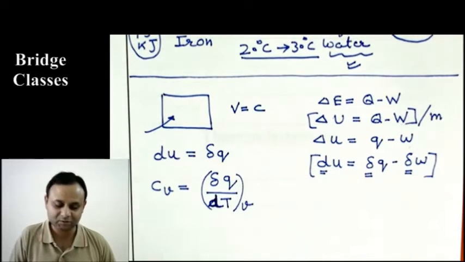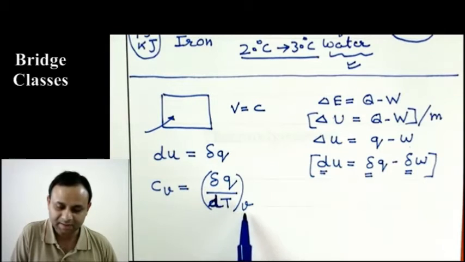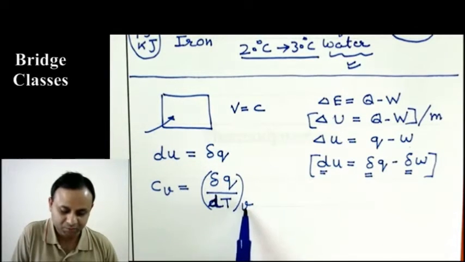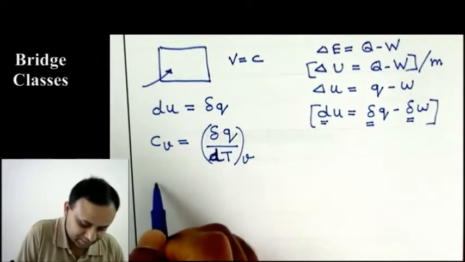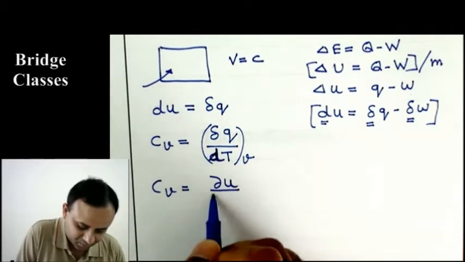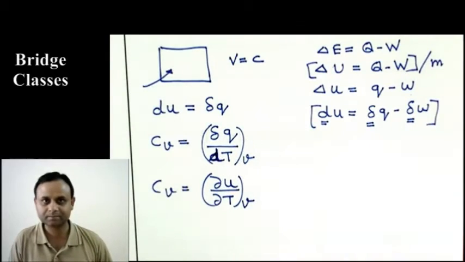Okay, that is the definition of CV. Amount of heat required per unit mass, per unit rise in temperature at constant volume. But this dq at constant volume is actually du. So what you get is CV equals del u del T at constant volume.